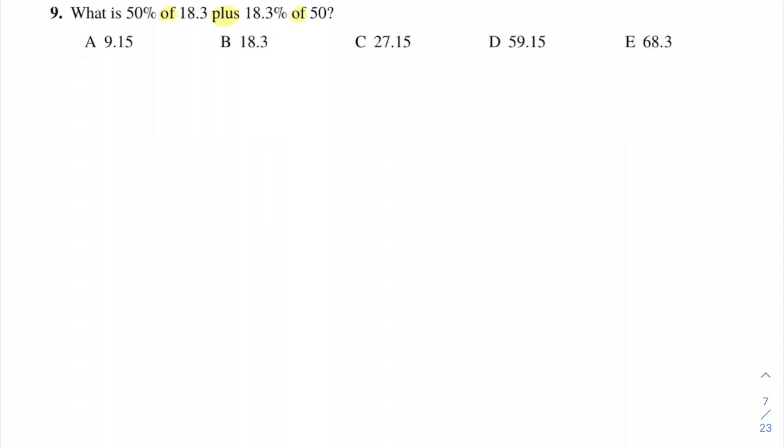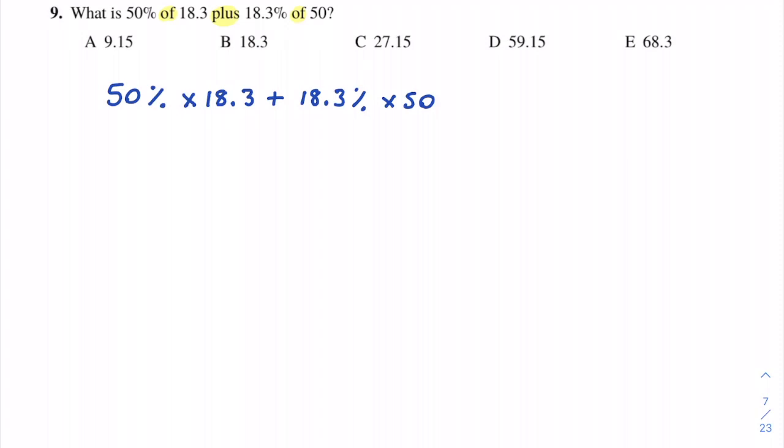So we can write this as 50% times 18.3 plus 18.3% times 50. Now we can convert these percentages into fractions.